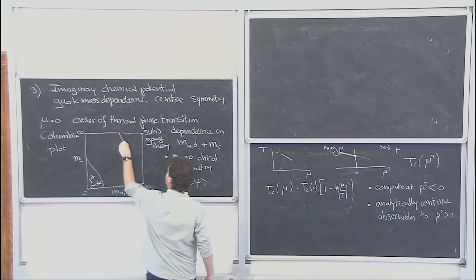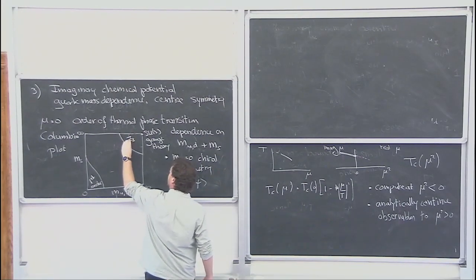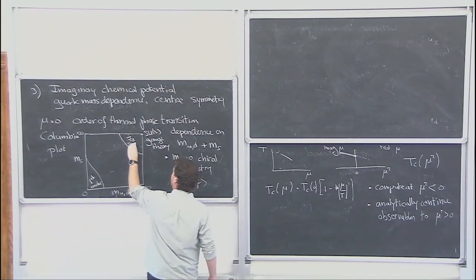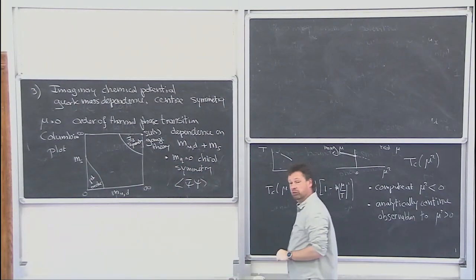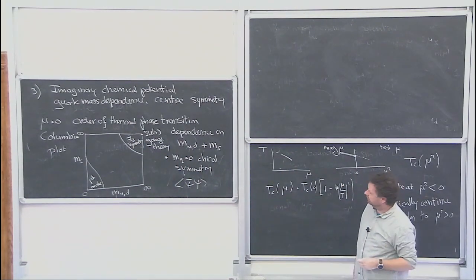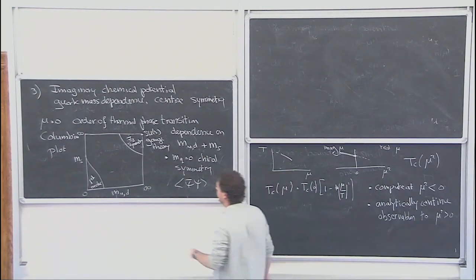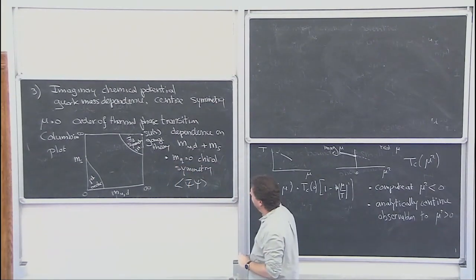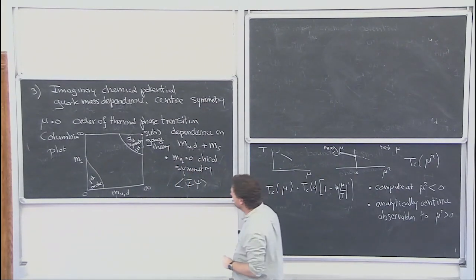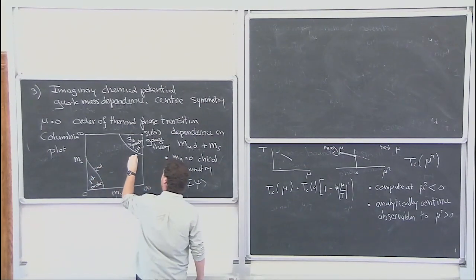So again, there is some kind of region here where we have this Z3 symmetry, which is an exact symmetry for the pure gauge theory and approximate if the quarks are around but very heavy. And again, this region is first order. The boundaries between those two are second order, so here we have second order lines.